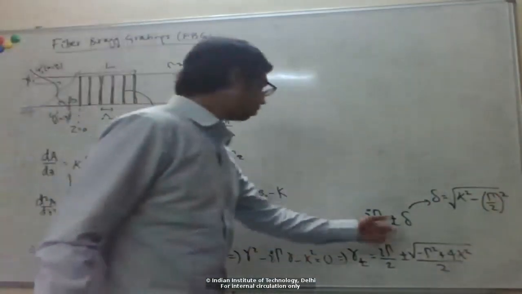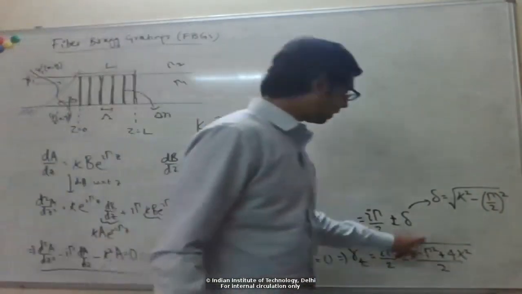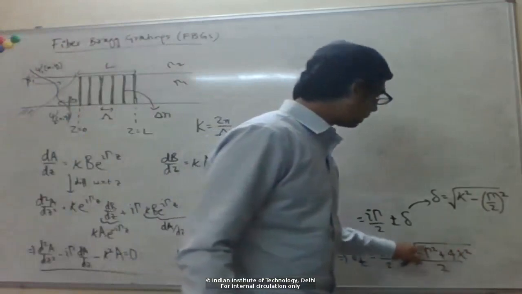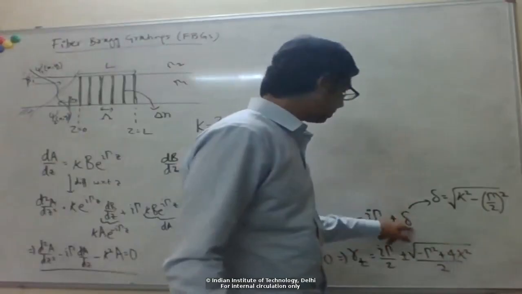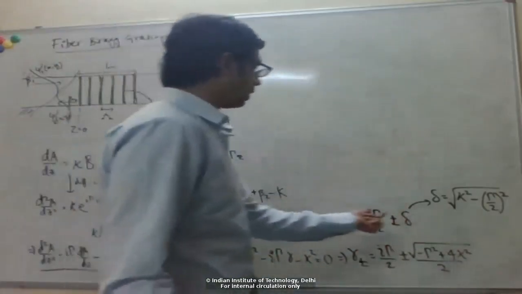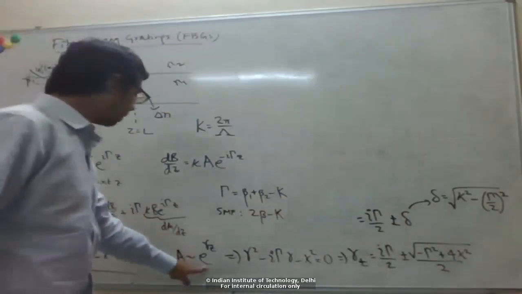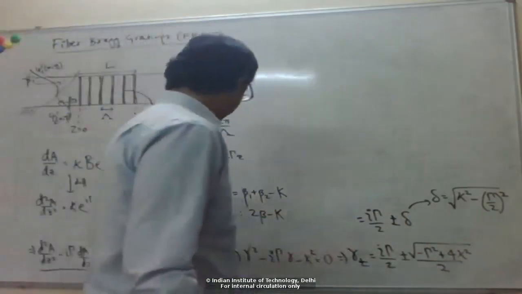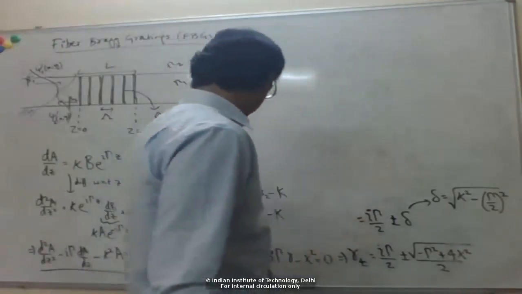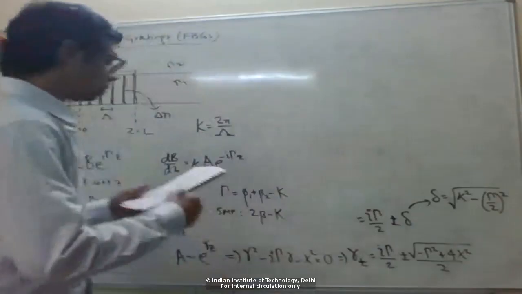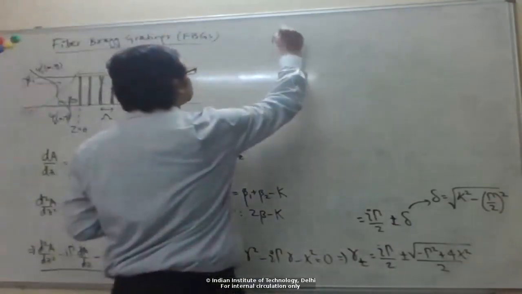Okay. So this is one change. For the directional coupler case, this factor was a complex or imaginary number. So we got some i times something. But here this is a real quantity. So when we look at the solution, it will be a linear superposition of these two exponential functions.